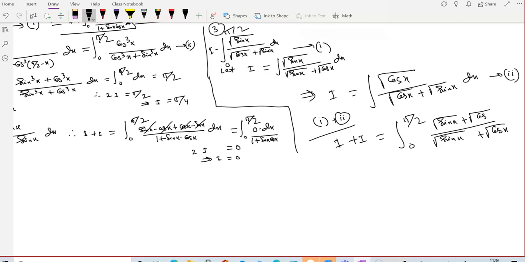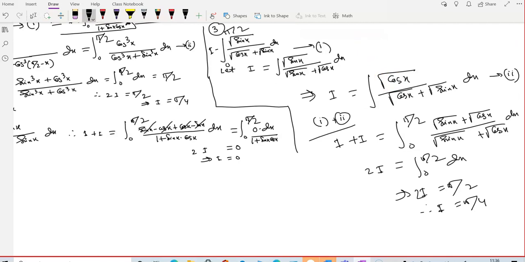Root sin x plus root cos x dx. Answer is the integral from 0 to pi by 2 of dx only. So this implies 2I equal to pi by 2. So I is equal to pi by 4.